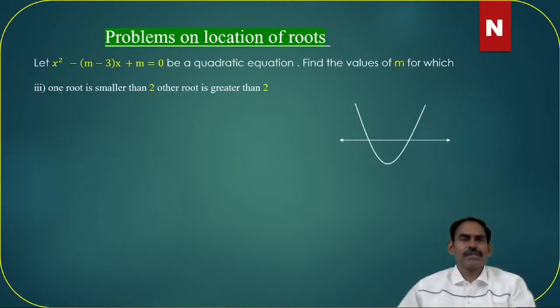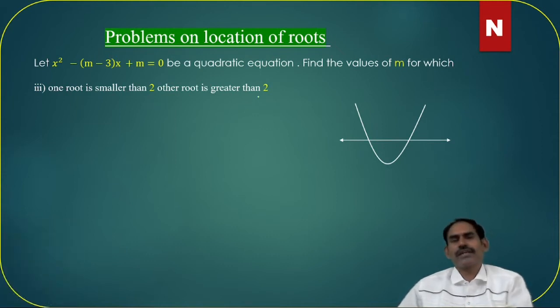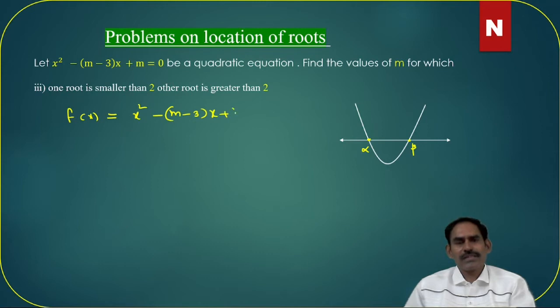The next question is, let x square minus m minus 3 into x plus m equal 0 be a quadratic equation. Find the values of m for which one root is smaller than 2, other root is greater than 2. Same question, but the condition is different here. Problem number 3: alpha beta, f of x given x square minus m minus 3 into x plus m.